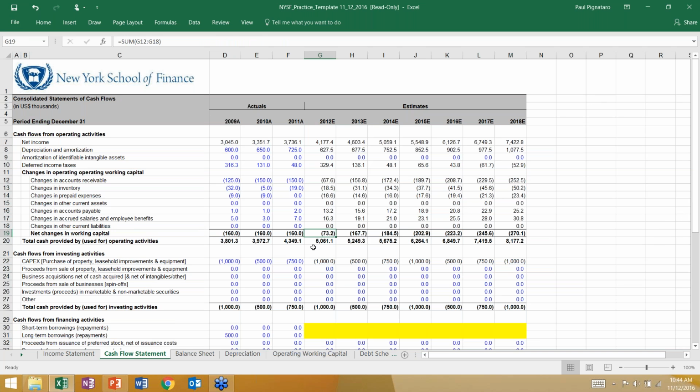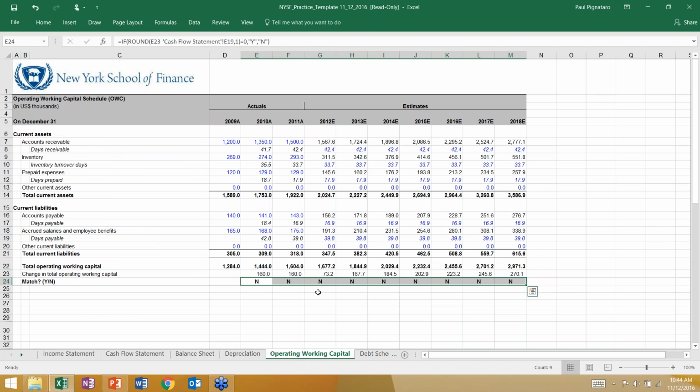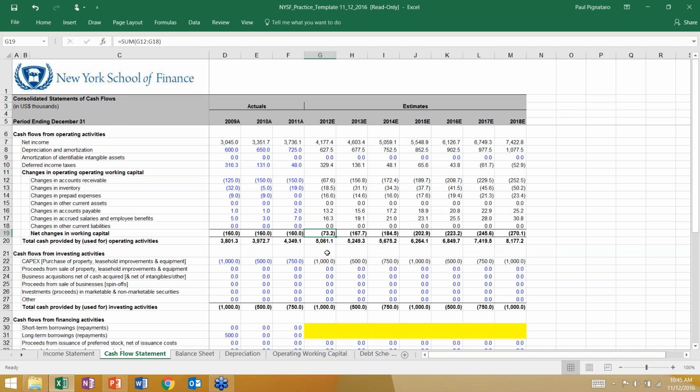All right. So let's look at the working capital. The idea of this match is that it's designed to make sure that our working capital flows, our change in total operating working capital, matches the working capital on the cash flow statement.